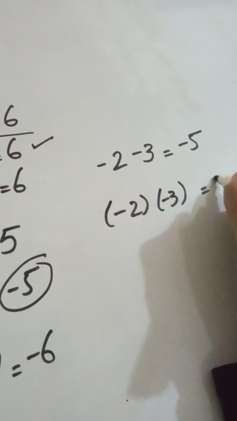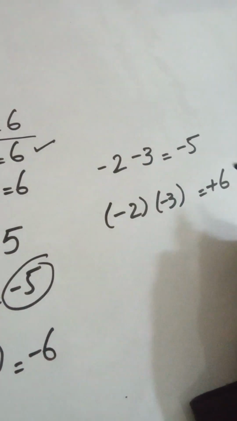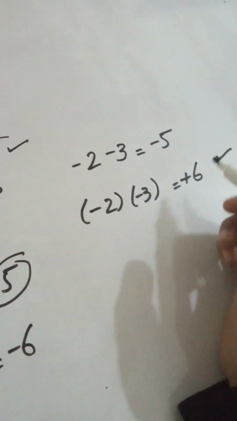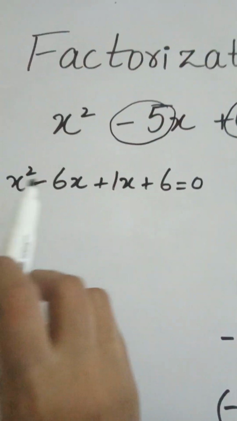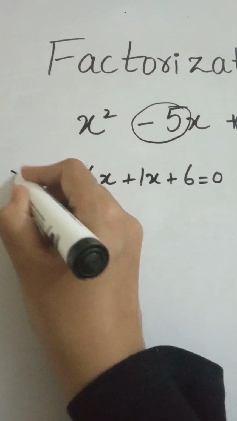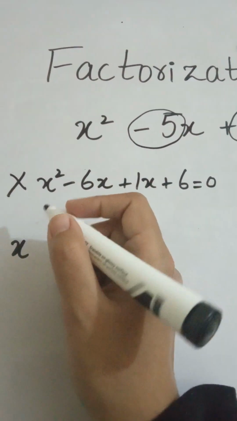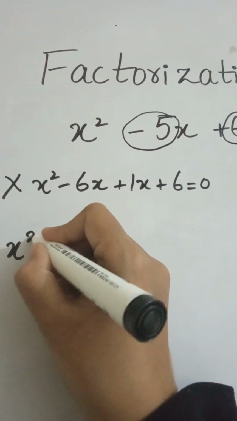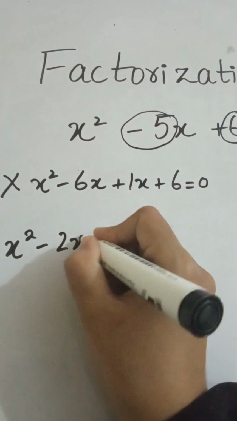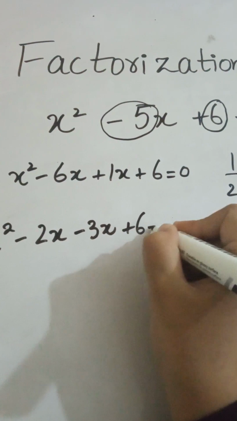So I will get plus 6. Minus 2 times minus 3 is plus 6. So this is the accurate pair that I can pick to factorize this quadratic equation. So I will write that the other one is not correct. I have explained it in my video. You can replay it. Okay, x square minus 2x minus 3x plus 6 is equal to 0.